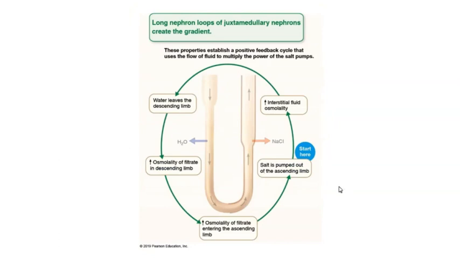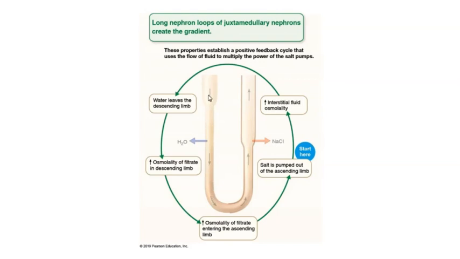if you want a slightly different view of that same diagram, salt is pumped out of the ascending limb. That increases the osmolarity, or the concentration, of that tissue fluid, that interstitial fluid, which causes water to leave the descending limb that's passing in close proximity to the ascending limb. That increases the osmolarity of the filtrate as it makes its way down the nephron loop.